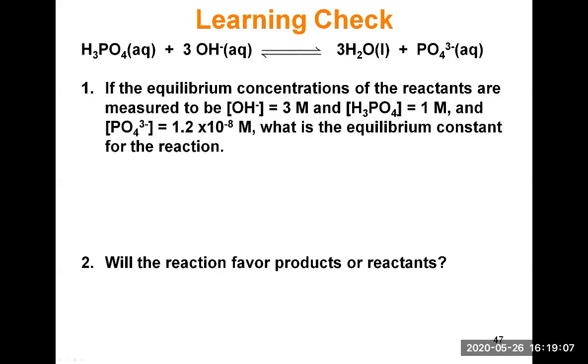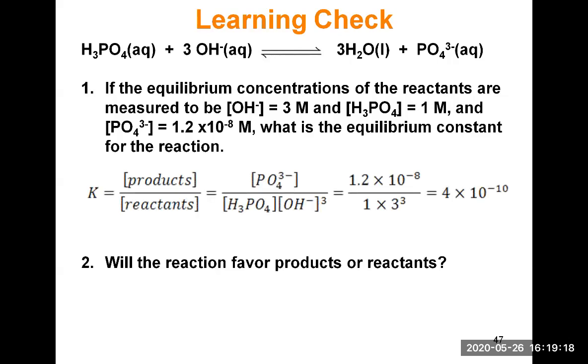So in the numerator, you will only have the phosphate ion, and it will not be raised to any power because it has a coefficient of 1. So it's going to be PO4 over the concentration of H3PO4, the phosphoric acid, times the concentration of the hydroxide ion raised to the third power, right? So OH minus is cubed because we have a coefficient of 3 in front of OH minus.